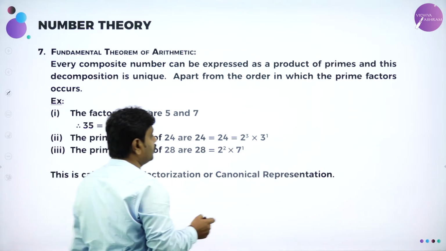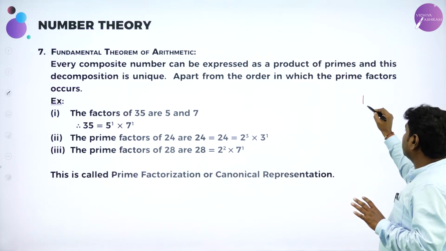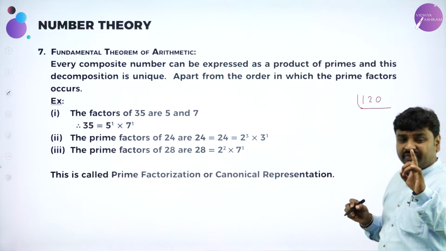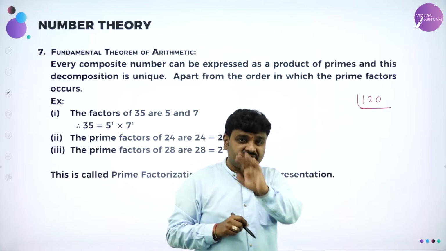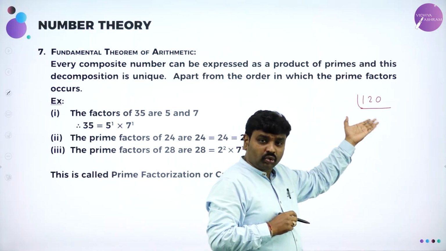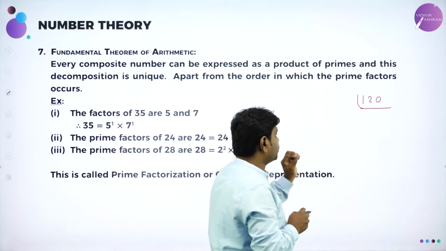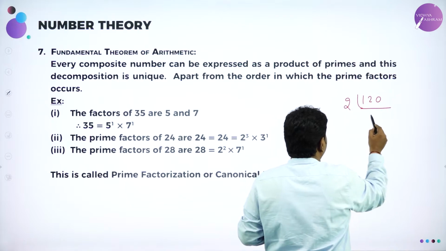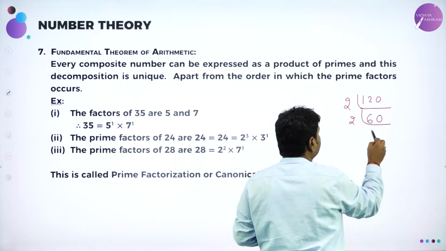Now, if I give any number, say I will take 120. First you start dividing it with the least prime number, if it is divisible. Is it divisible by 2? 2 is the least prime number, the even prime number. The first prime number in positive numbers is 2. I will start with 2. 2 into 60. Further this is divisible by 2. 2 into 30.